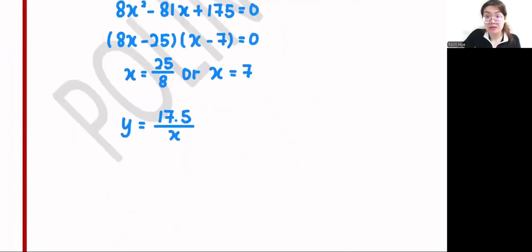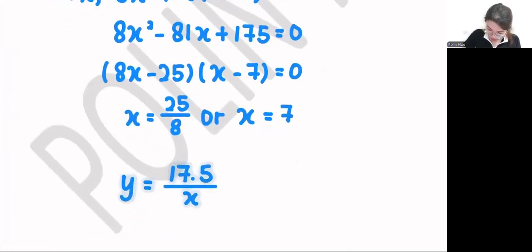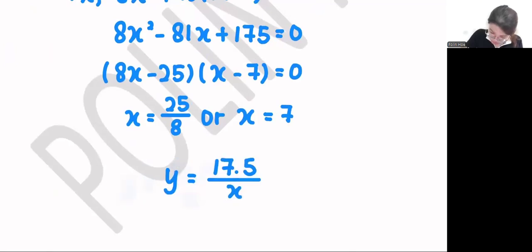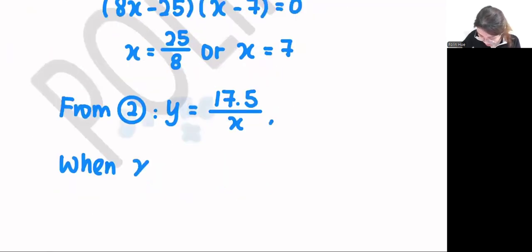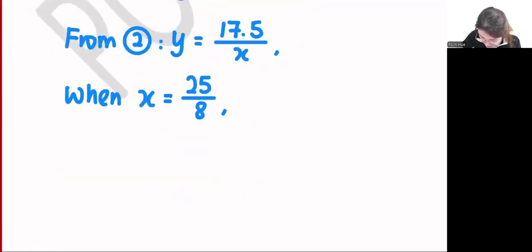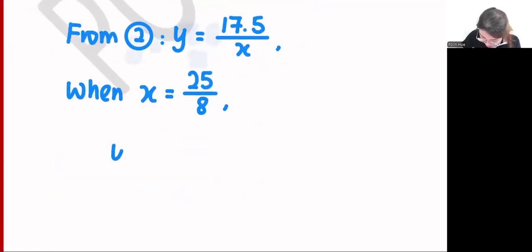From equation 2, when x equals 25 over 8, y equals 17.5 over 25 over 8.